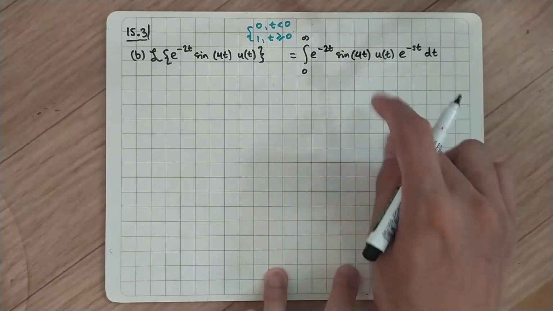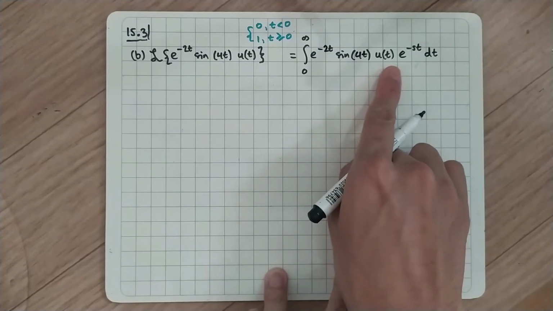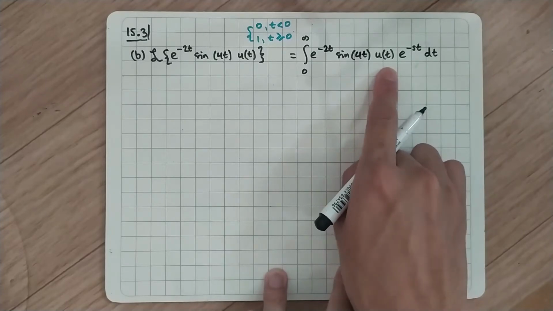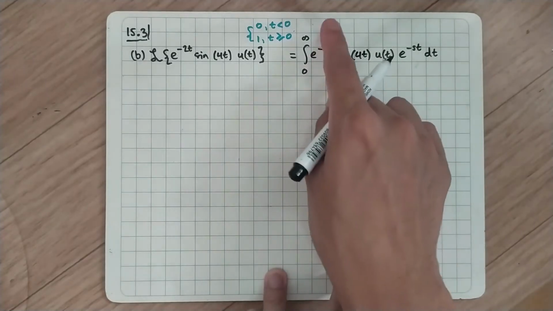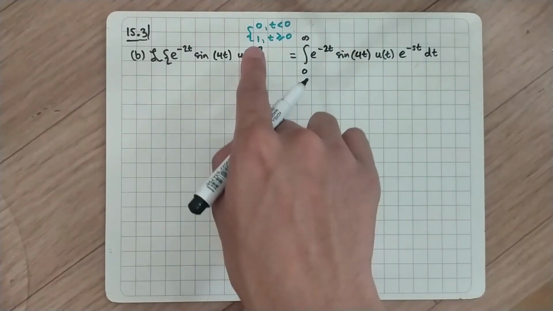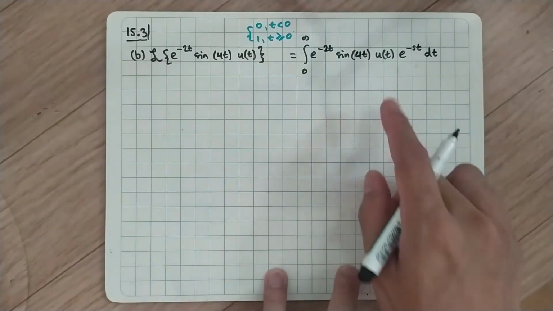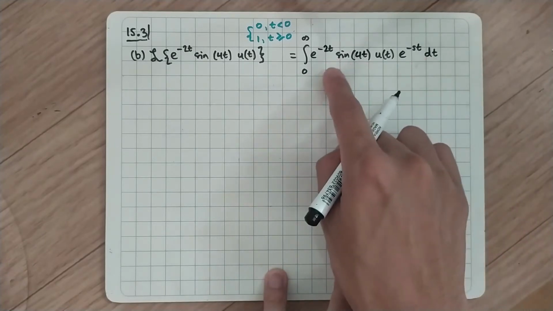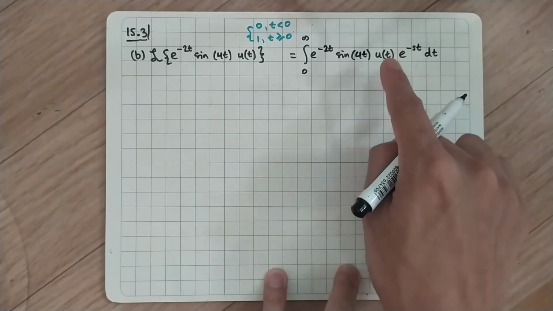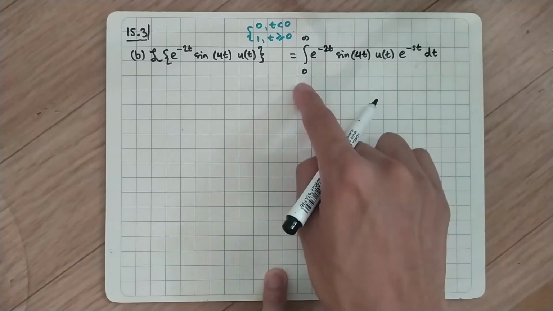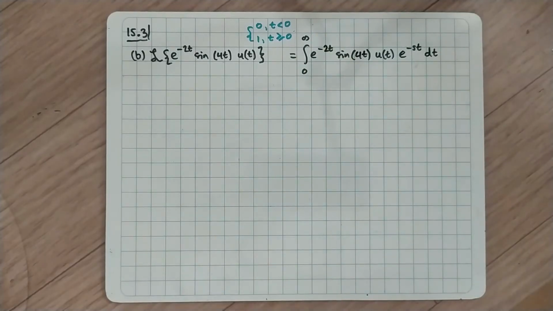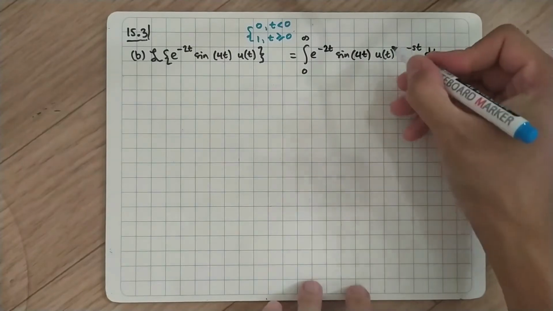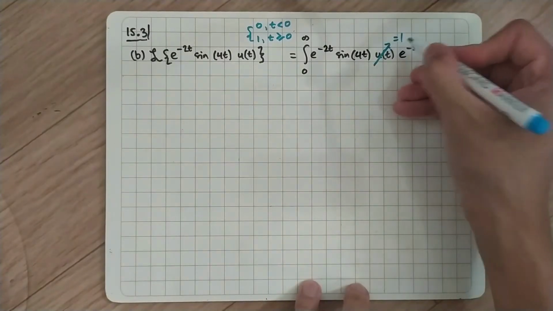Okay, now we need to remove this term u(t) here, because our limit of integration is from 0 to infinity, and 0 to infinity is greater than 0, so this equals multiplying all of this function by 1. So the value of u(t) is always 1 within this limit of integration. So we can cancel that. So u(t) is equal to 1.